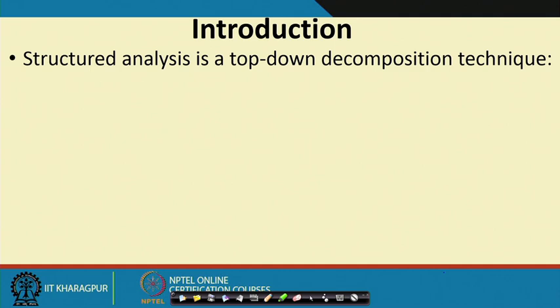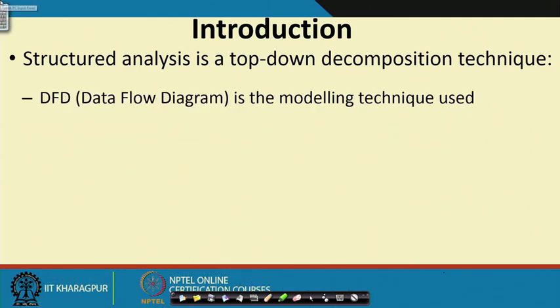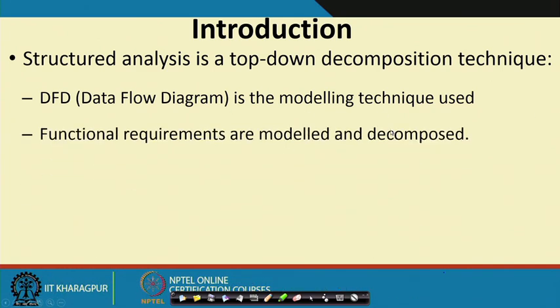You start from there, and then we do a top down decomposition, meaning that we break the required functionalities of a system into finer levels. And for this purpose, we will use the data flow diagram technique, the DFD, to do the functional requirement analysis. We will model the requirements and we will decompose into smaller functions.